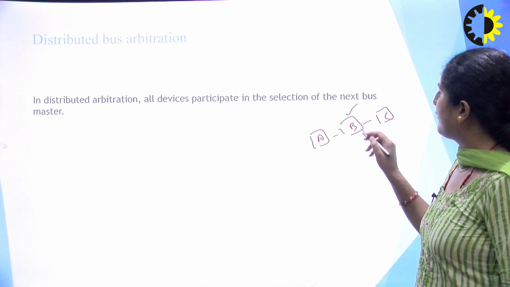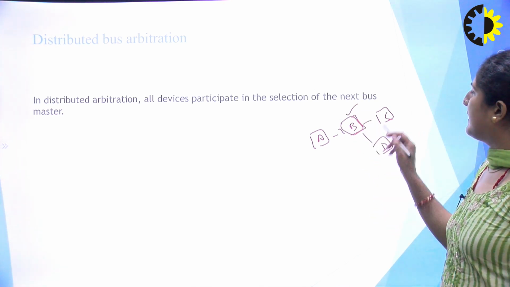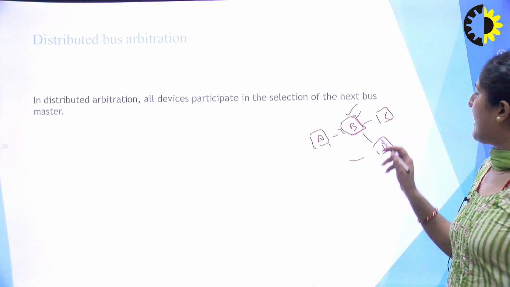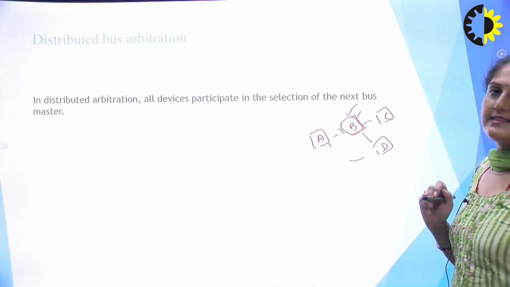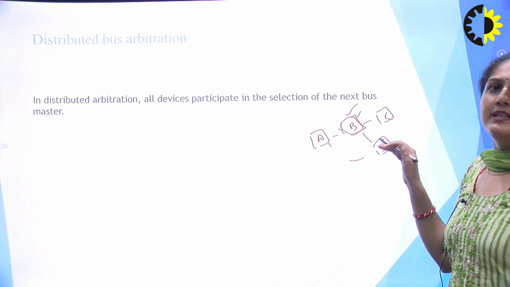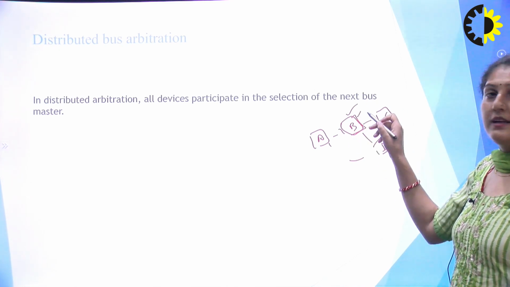Suppose they mutually decide B will become the bus master, then B will do its work, and then the other 3 will decide who will become the next. So, according to their mutual decision, the bus mastership will be given to a particular device.